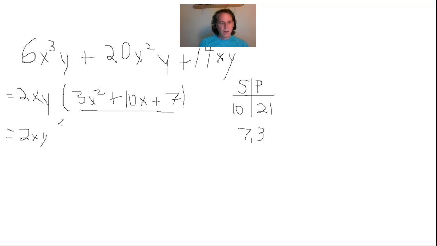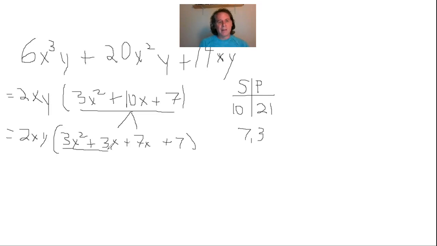And then in brackets, I've got my 3x squared. And I say, do either of these numbers factor better with the 3? And it's, yeah, the 3x. So I'm going to go 3x, and then plus 7x, and then plus 7. And again, I like to visually highlight that that 10x got split up into the 3x and 7x. That's where the name decomposition comes from, and that's what this method is all about.